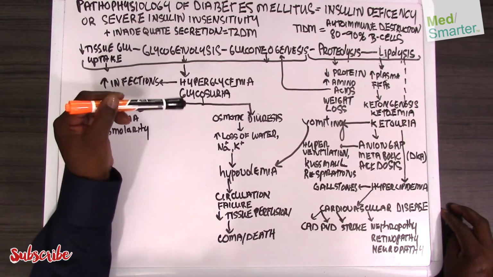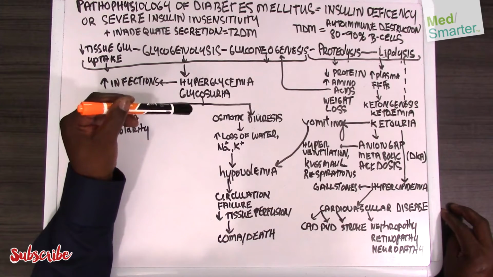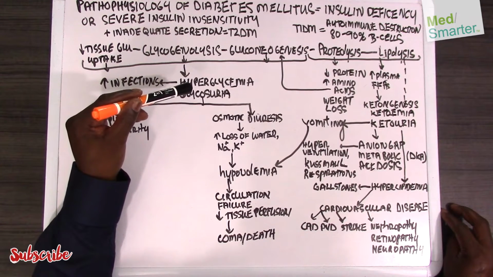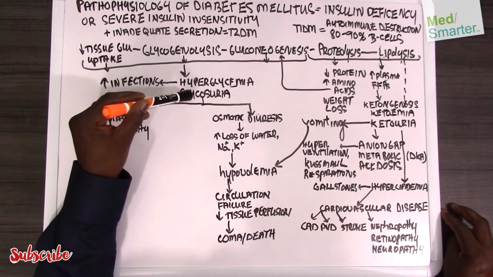The decrease in the tissue glucose, the glycogenolysis, and the gluconeogenesis are going to result in hyperglycemia and glycosuria. In normal circumstances, the kidneys filter and reabsorb 100% of the glucose. But there is a Tmax, or a threshold, and once that threshold is exceeded, then sugar spills over into the urine.